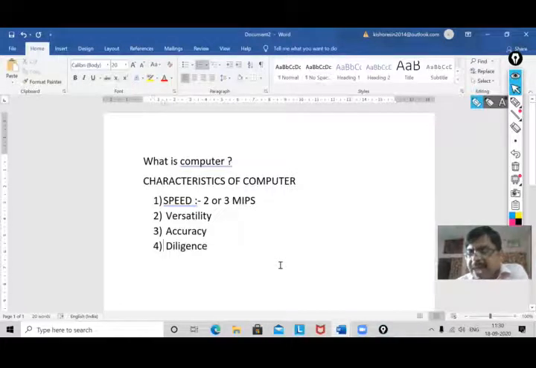That means the same instruction is given to the computer to work, and if the computer doesn't get bored and keeps giving you the correct information, even when the same task is given, then it is called diligence.